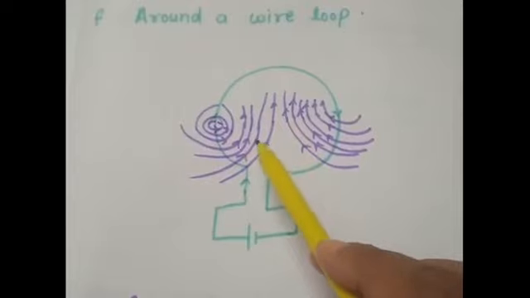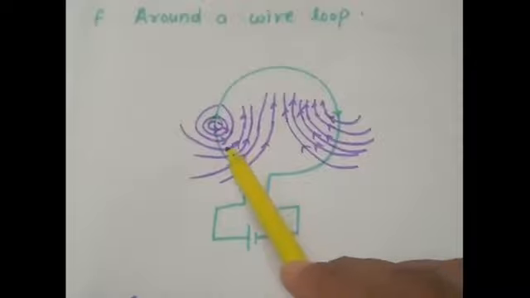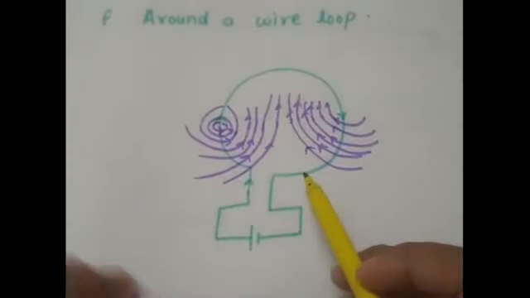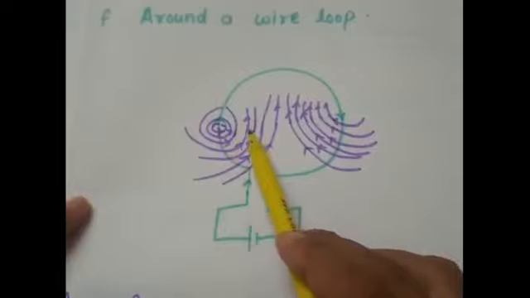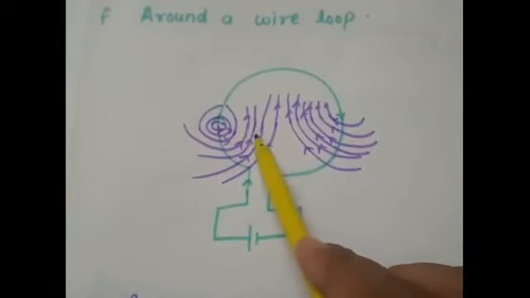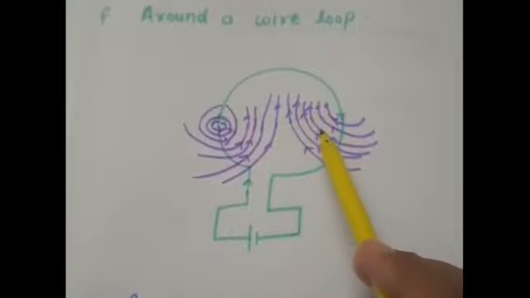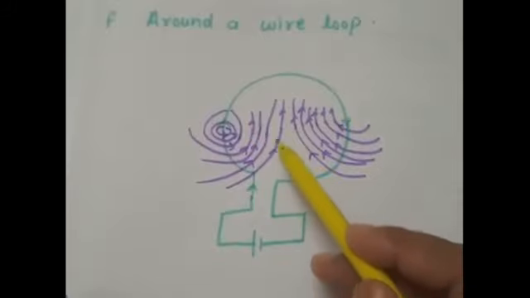perpendicular to the wire, or you can say that the magnetic field lines are concentric circles around the wire, and the center is the conductor. As we go away from the conducting wire, outside or inside, the gap between the magnetic field lines increases, and as we come to the center of the circular loop, the magnetic field lines from both sides are almost parallel.